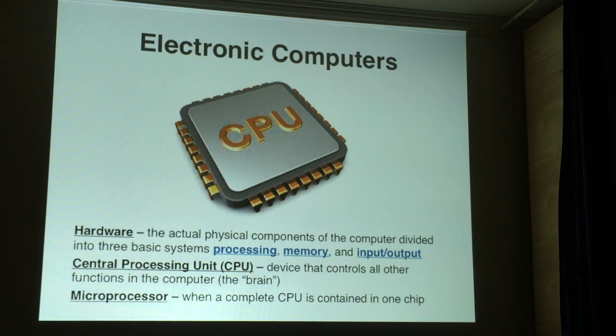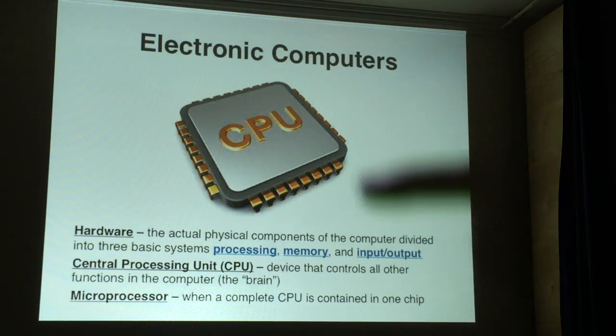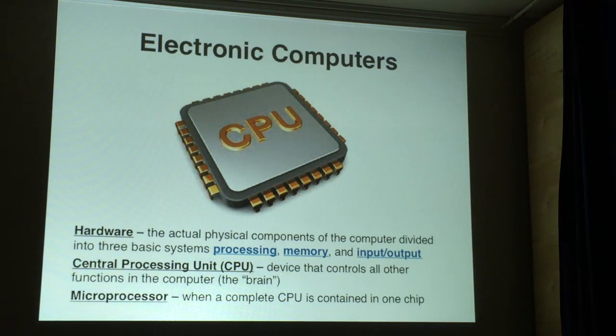Now, as electronics became more and more sophisticated, you could get more and more into a single chip, to the point where you could put an entire processing unit in one microchip, which is what is shown on the slide here. When you can put all the processing power in one chip, like this chip right here, then that's called a microprocessor.